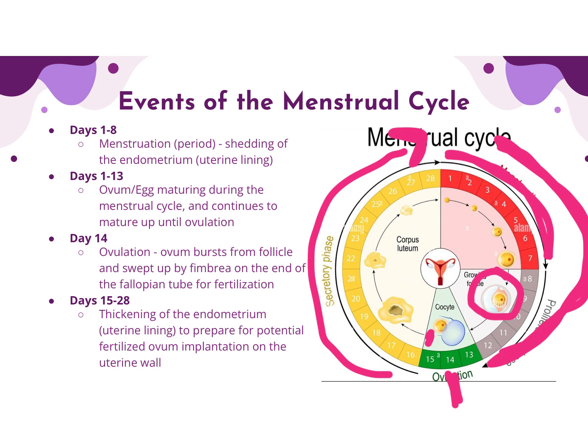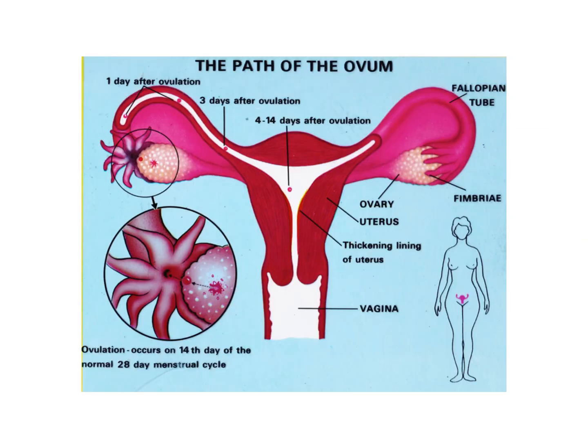So that's when that endometrium or uterine lining is thickening to prepare for a potential fertilized ovum implantation on the uterine wall. So again, while menstruation is occurring, while that uterine lining is being shed, an egg and follicle in the ovary is starting its maturation process.